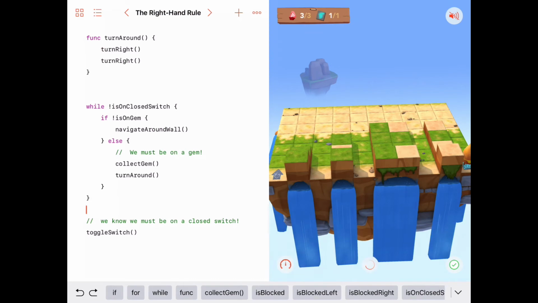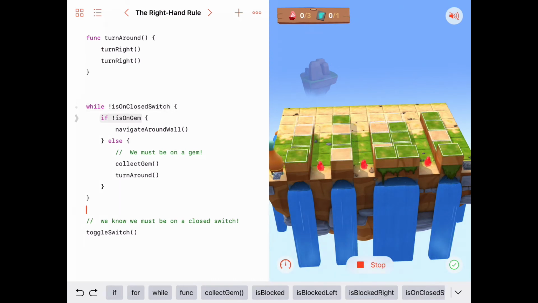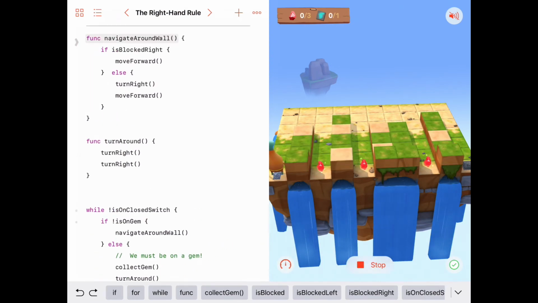So let's step through the code one more time. While we're not on a closed switch, we're going to ask, are we on a gem? If we're not, we're going to navigate around the wall. Most of the time, we're not on a gem. So we're just going to keep calling our navigate around the wall function.